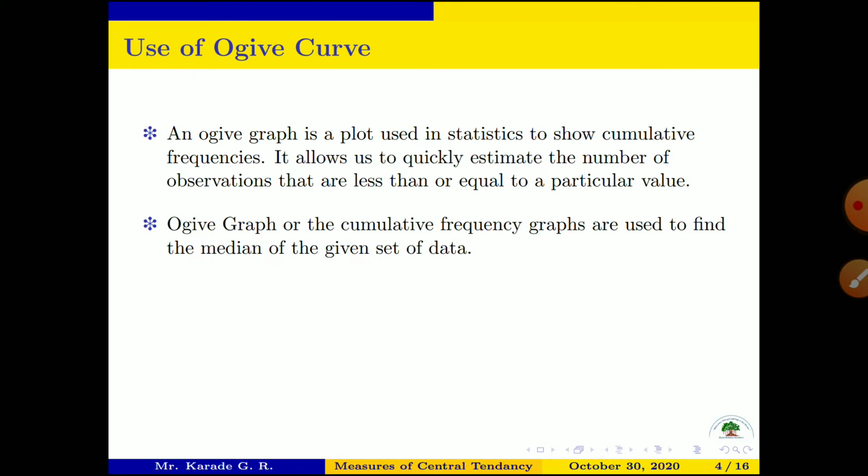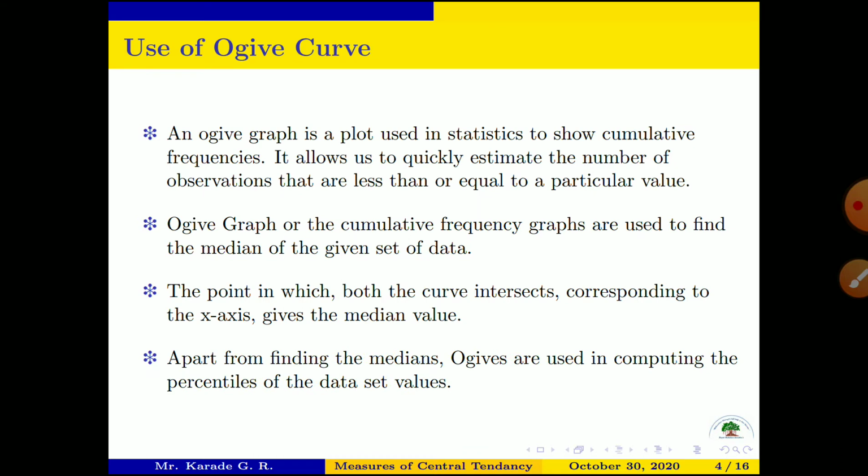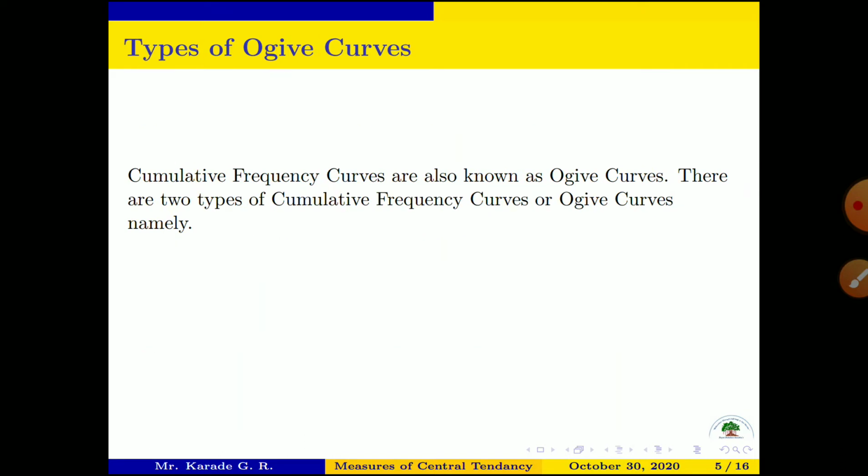Ogive graphs or cumulative frequency graphs are used to find the median for the given set of data. The point at which both the curves intersect, corresponding to the x-axis, gives the median value. Apart from finding medians, Ogives are used for computing the percentiles of the data set values.